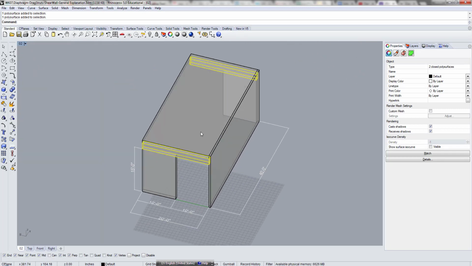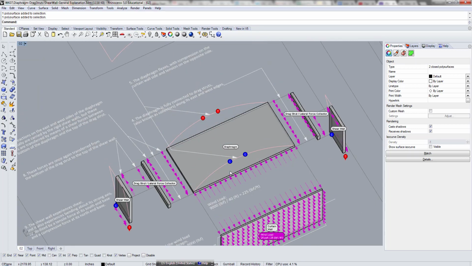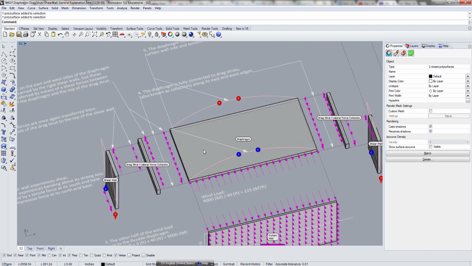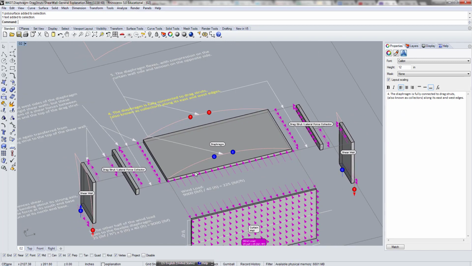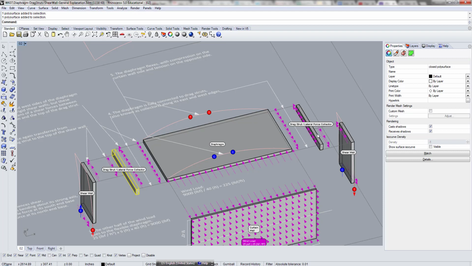These beams are typically called, either way, both names are typical, collectors, or lateral force collectors, or drag struts. But this diaphragm or slab is fully connected to these two beams, which is the collector or a drag strut.